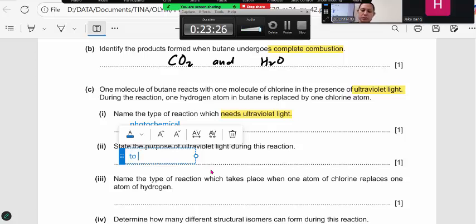To provide... very, very close. What energy is needed for a reaction to start? Activation energy. Thank you. To provide activation energy.